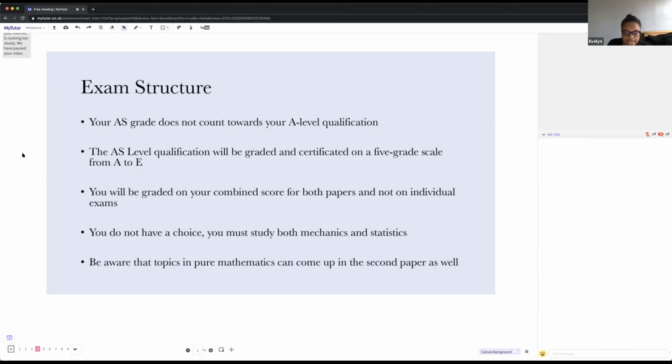So if you were taking the Edexcel specification and you got to the mechanics and statistics paper, things like algebra, functions, integration, things like that will still come up in that paper. So it doesn't mean that you shouldn't study pure maths for that exam, because there are things which you will still need to know.